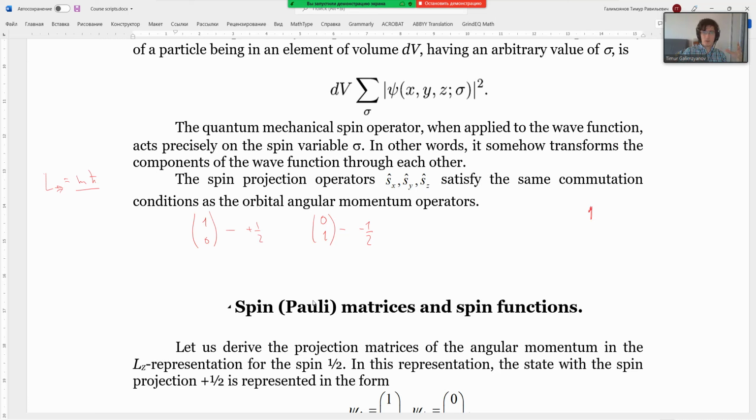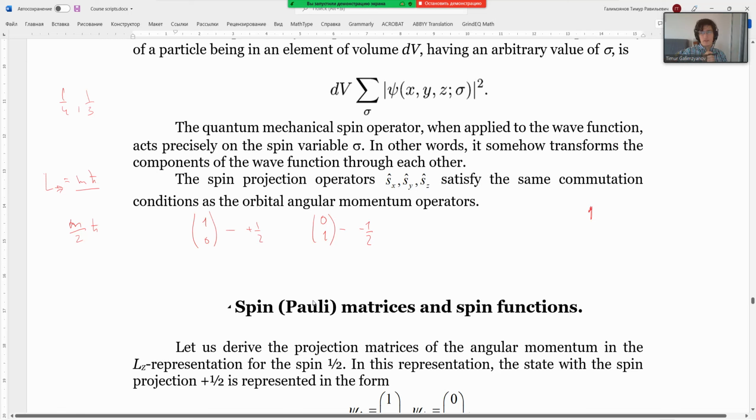And actually, that's all. You cannot have spin 1/4 or 1/3 or anything else. You can have spin only either half integer, in units of 1/2 h, or integer spin.